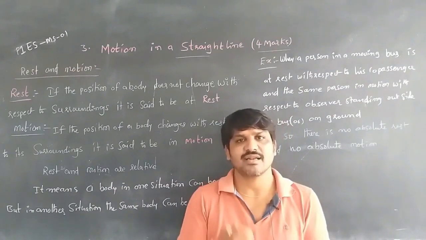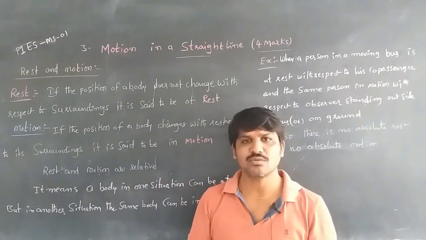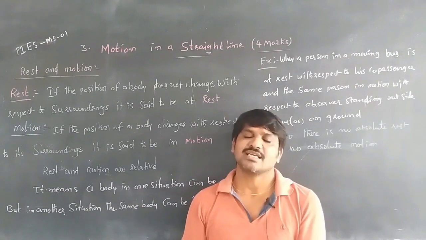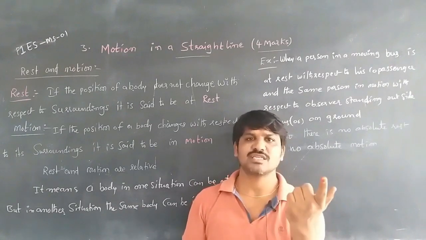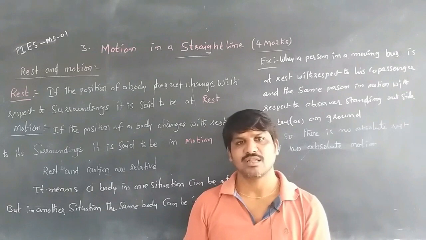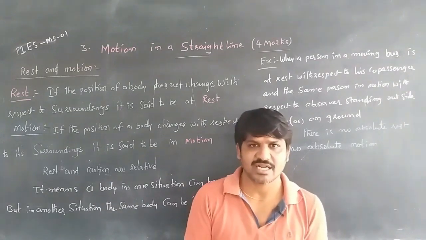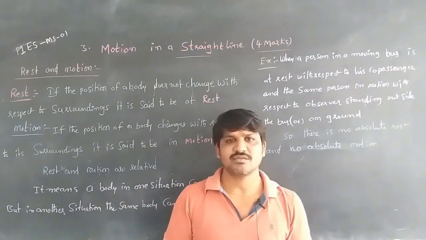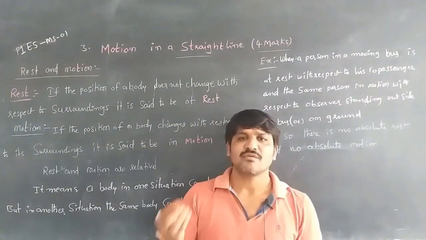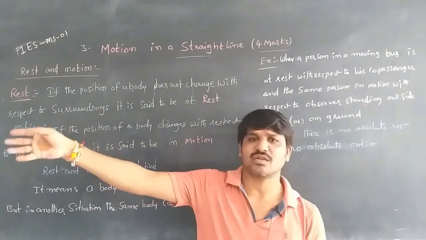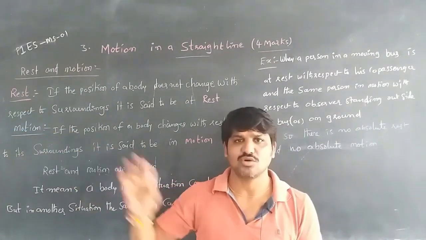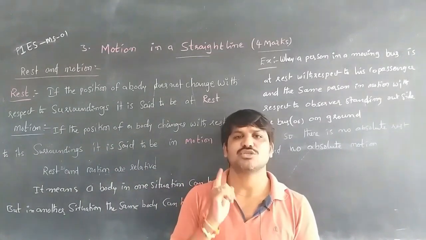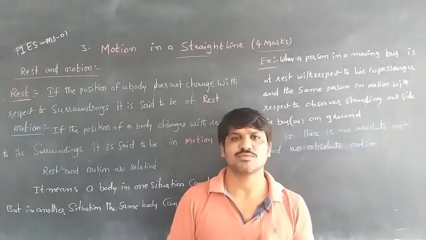So we can say rest and motion are both relative, because in one situation a body is at rest and in another situation that same body can be in motion. Whenever we are traveling in a bus, we are at rest with respect to our co-passenger, and at the same time we are in motion with respect to someone standing outside the bus, on the ground or on the platform. So there is no absolute rest and no absolute motion.